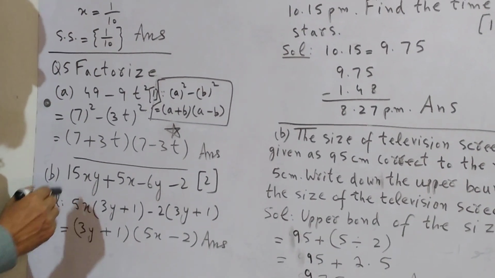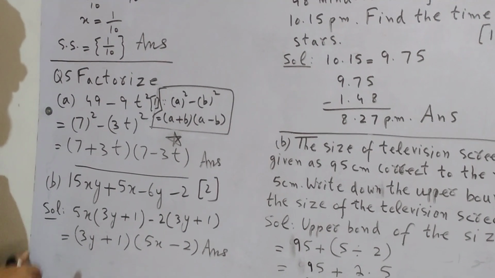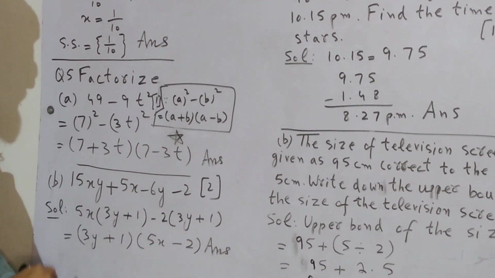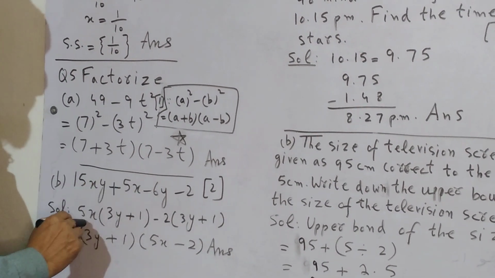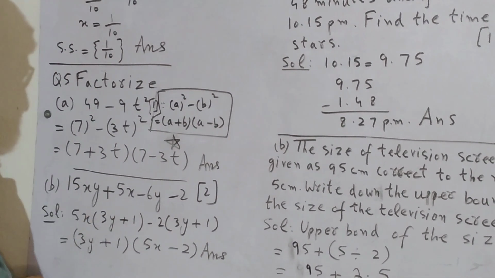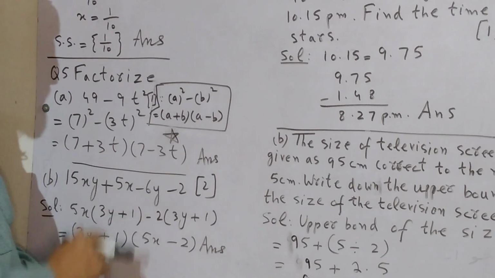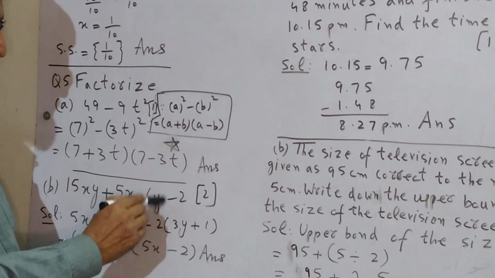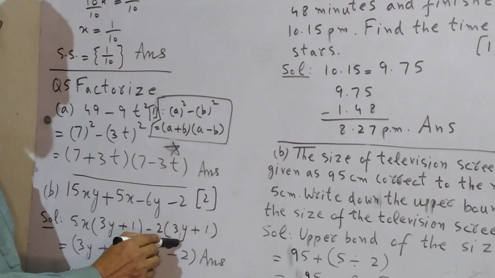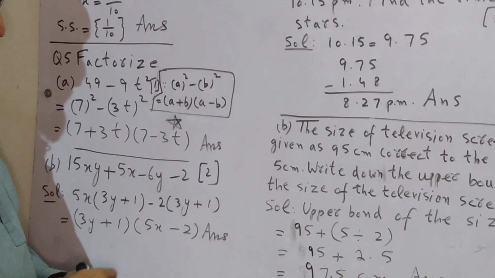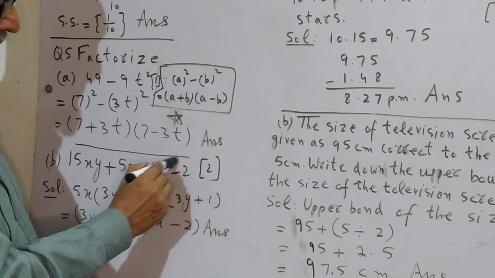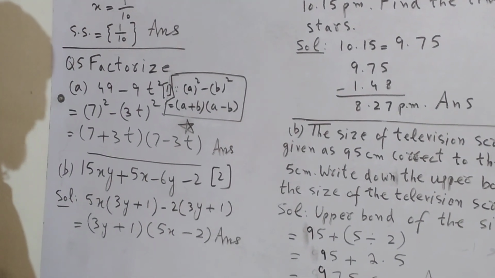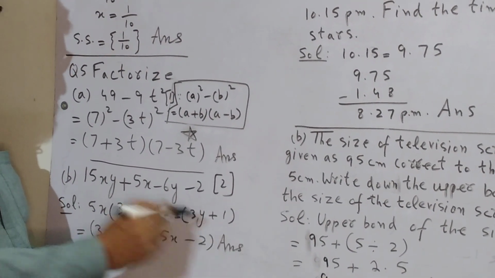We pick 5x as common, and when we divide 15xy by 5x, our quotient is 3y, and when we divide 5x by 5x, our quotient is 1. In the last two terms, minus 2 is common, and when we divide minus 6y by minus 2, we get 3y. Similarly, if we divide minus 2 by minus 2, our quotient is plus 1.